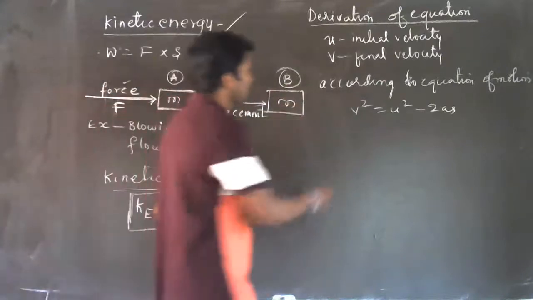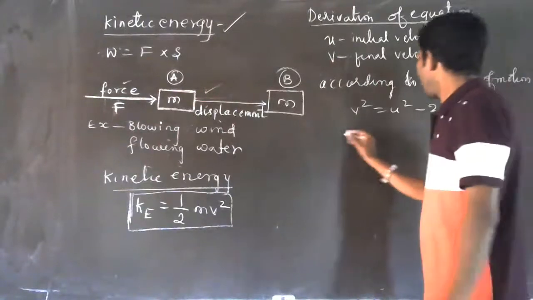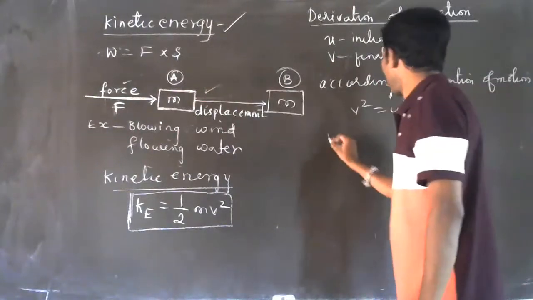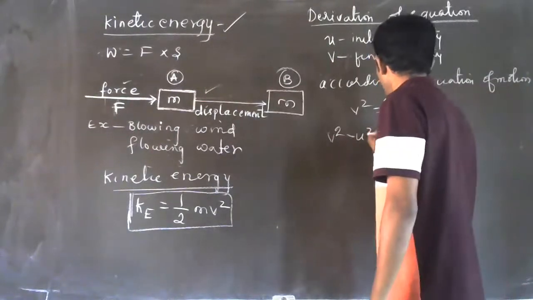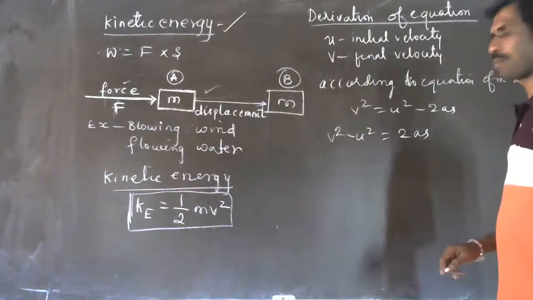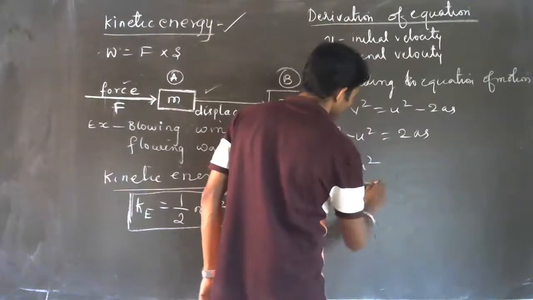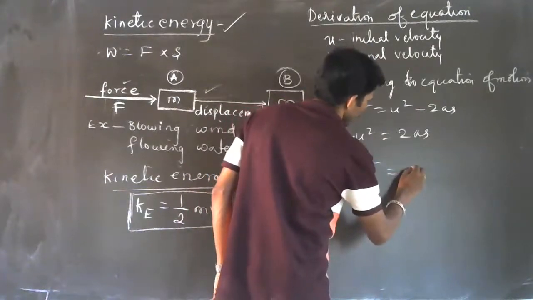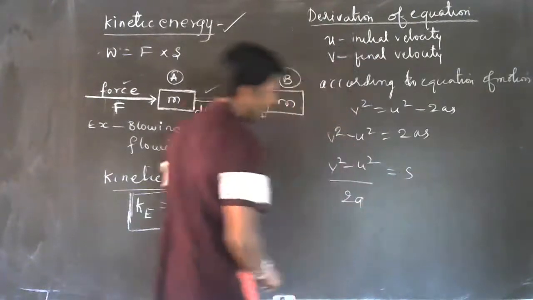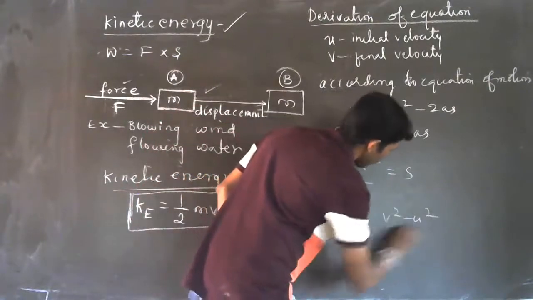If you rearrange this, it becomes v square minus u square is equal to 2as. So s is equal to v square minus u square divided by 2a.